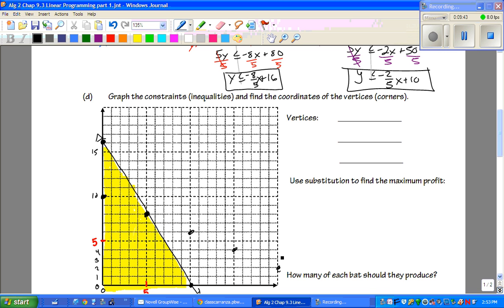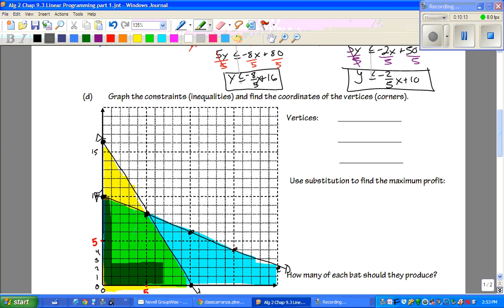Okay, and there's your line, and go ahead and graph that as well. Just like the other one, that's less than, so I'm going to shade everything that is less than that line. And the cool thing that starts to happen is everything in the green is what you should actually shade in, okay? So this part right here is my actual answer, okay? And then you should be erasing all that other stuff, okay? Boom, boom, it's gone.